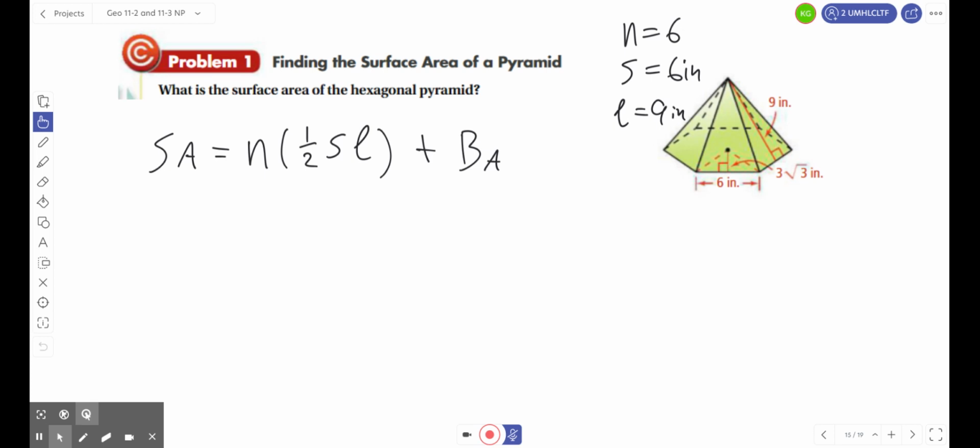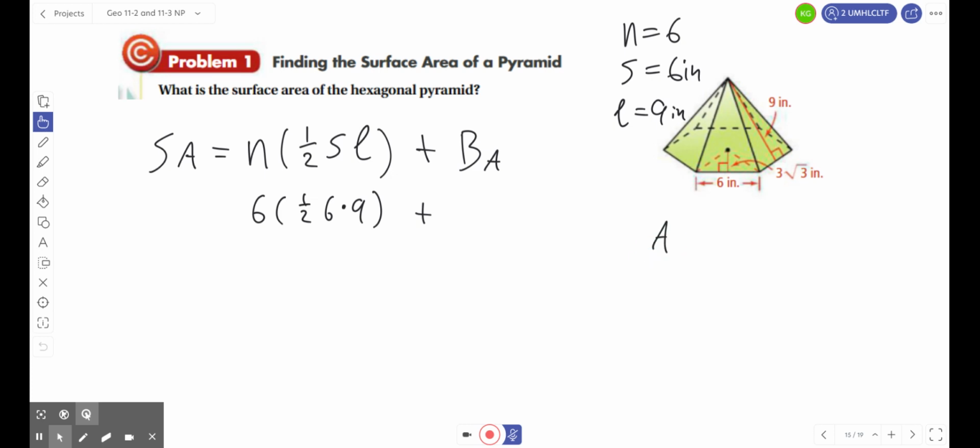So our surface area is going to be 6 times 1/2 times 6 inches times 9 inches. Okay, and plus the area of the base.